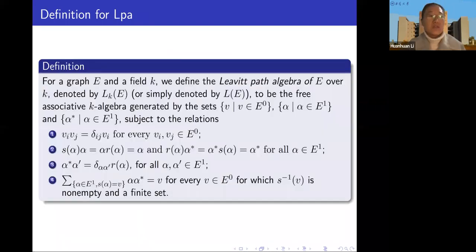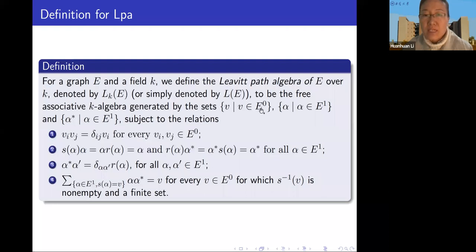Now the definition of the Leavitt path algebra. We write E as our graph, and K is a field. We define the Leavitt path algebra of E over the field K to be the free associative K-algebra generated by the following sets.